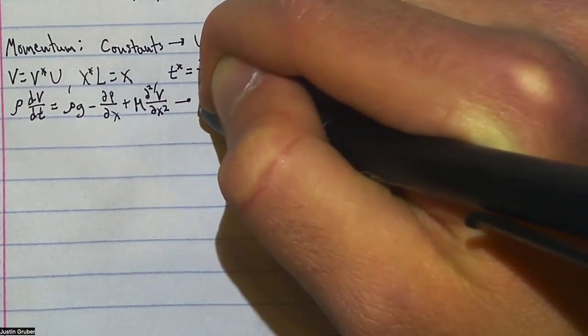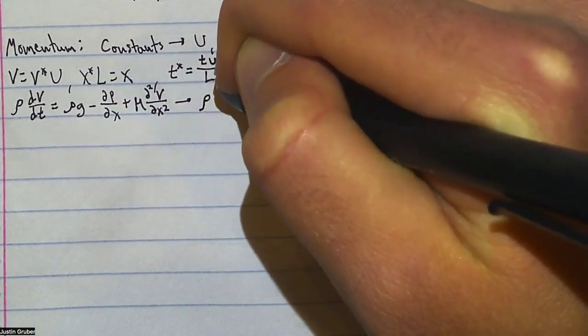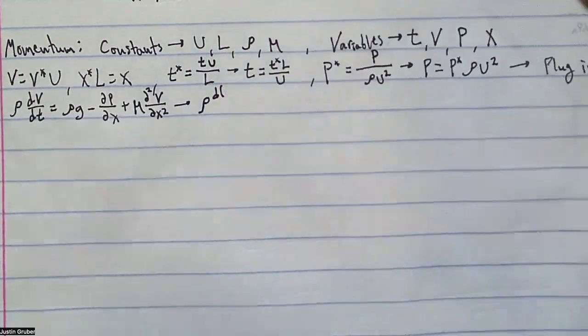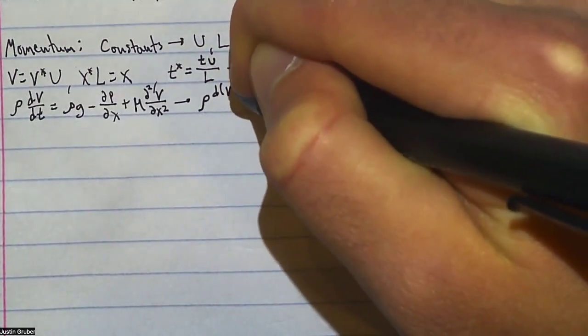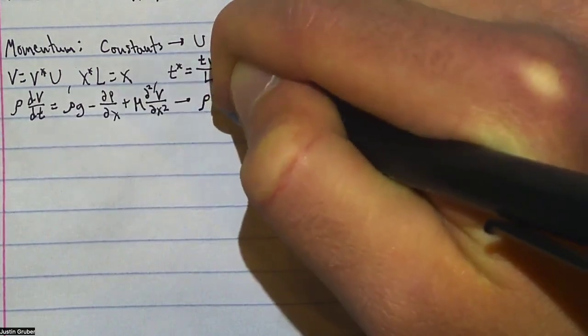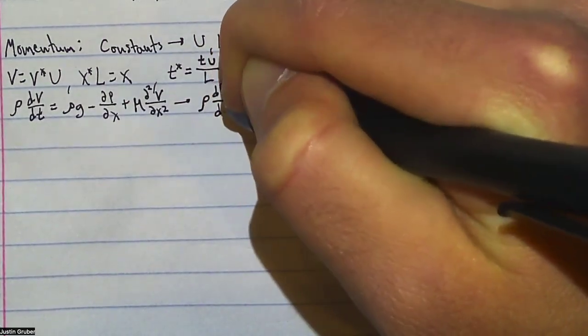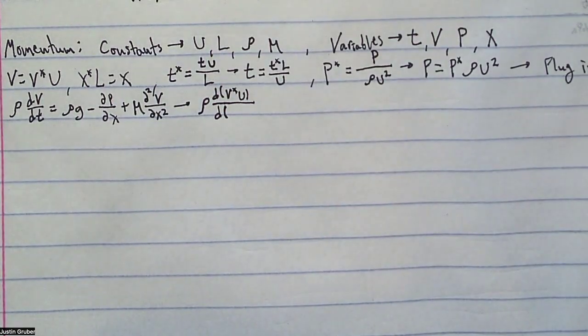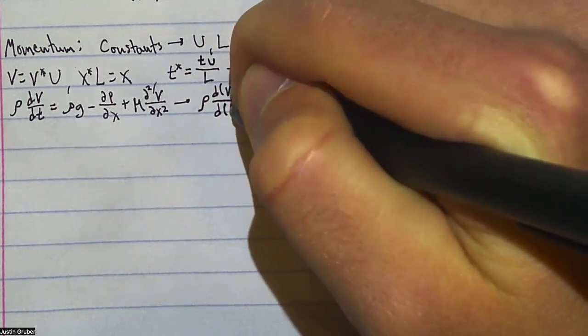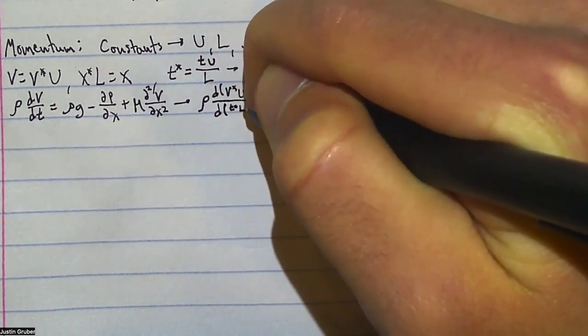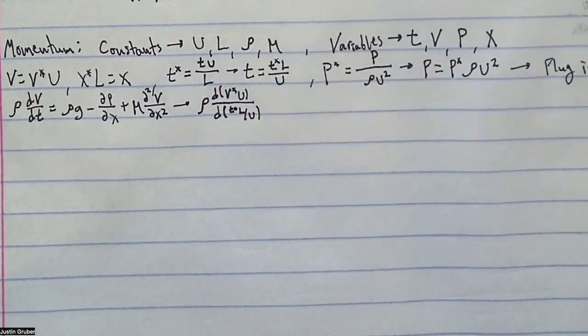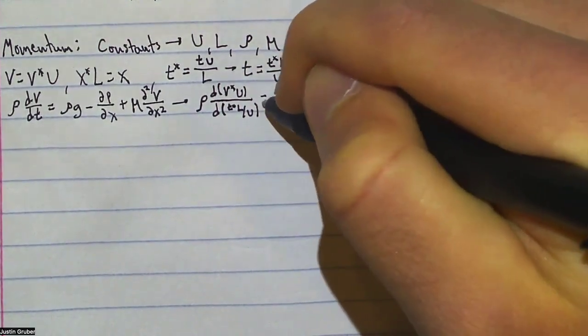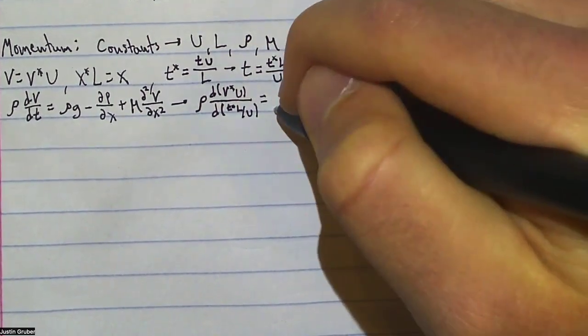So we have rho times, what's our v? It's v star times U, over, what's our t? It's t star L over U. Oh, I have to be writing really small, but that's fine. Equals, we're stuck with this rho g for a while.